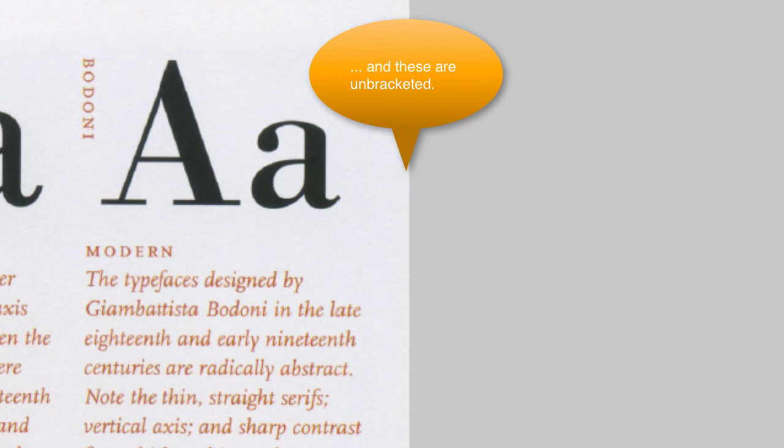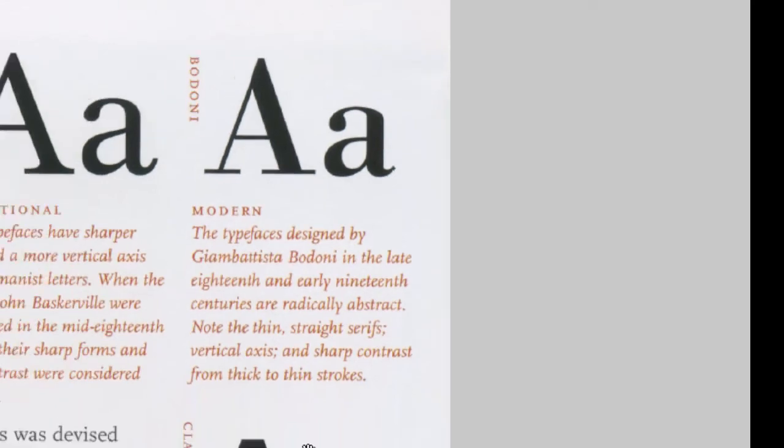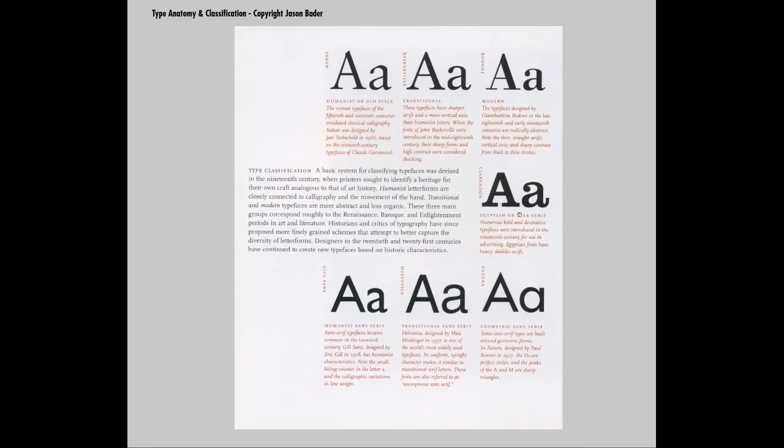They kind of transition from the stem into the serif smoothly. Down here we have a slab serif. Notice these are the same thing. They're more bracketed than unbracketed, but they're very thick. So that's another classification of font we have, a slab serif.